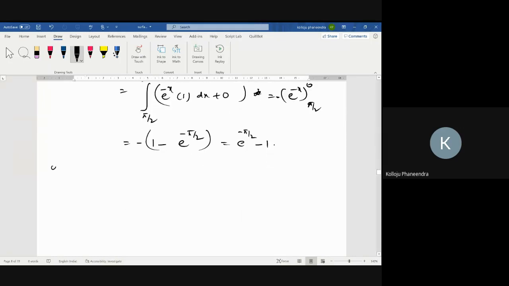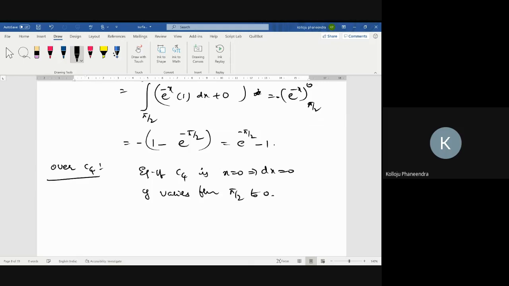Next, the last one, over C4. The equation of C4 is the y-axis, x equal to 0 and dx equal to 0. So y varies from pi by 2 to 0.